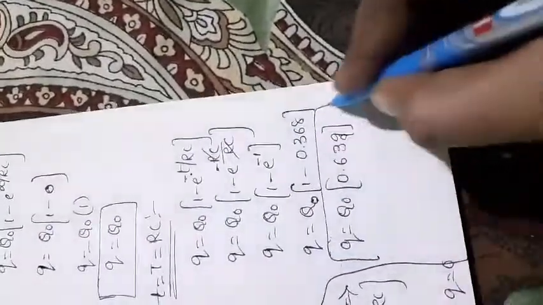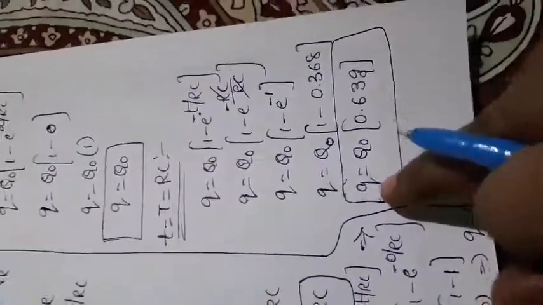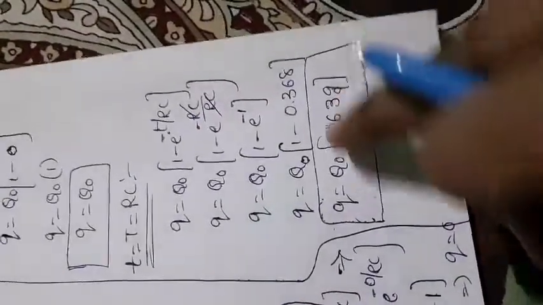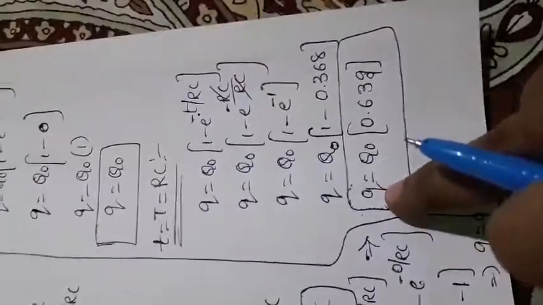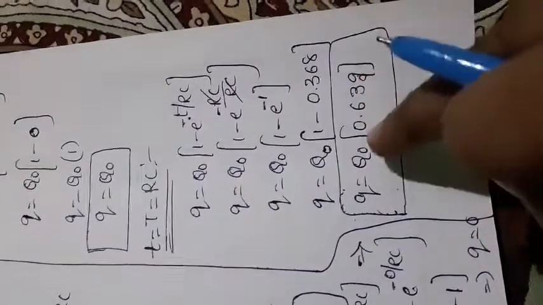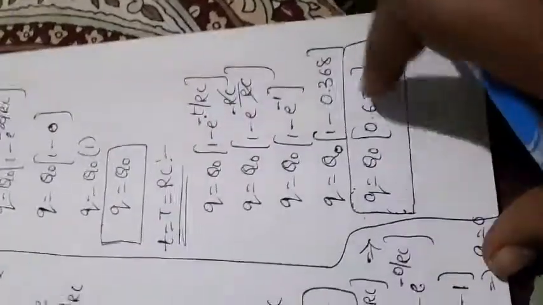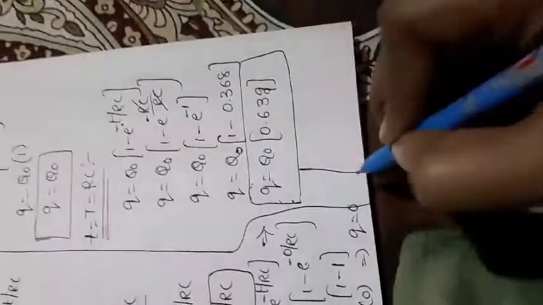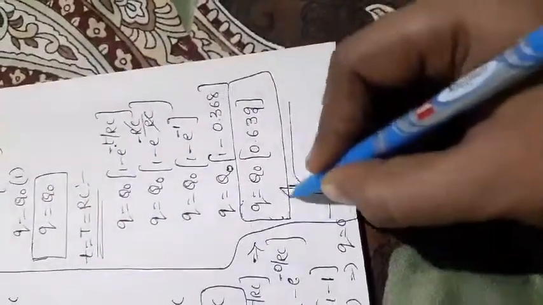So that means the total charge that passes through the RC circuit is 0.632 times the maximum charge. So the charge will be increased up to 0.632 times in the RC circuit for growth of current. So we are getting the transient response of the RC circuit for growth of current.